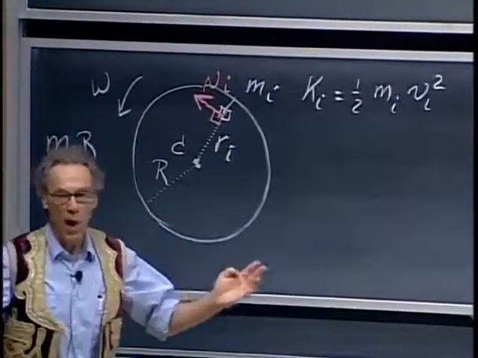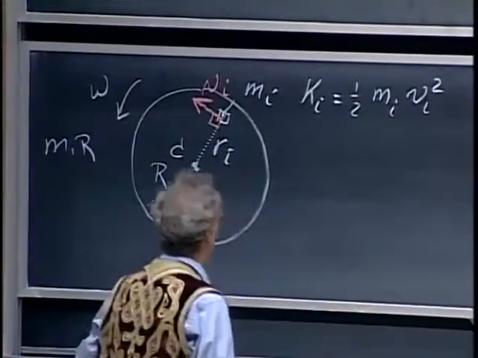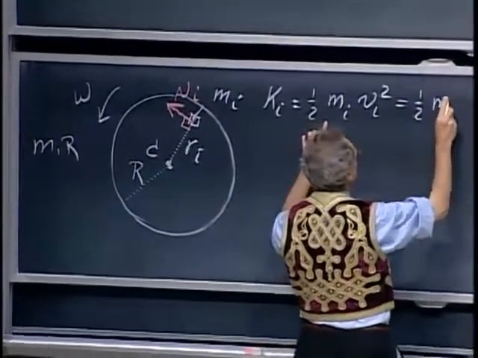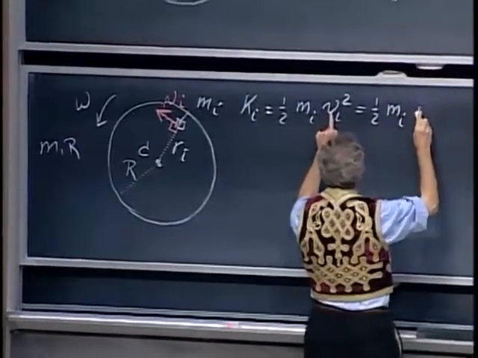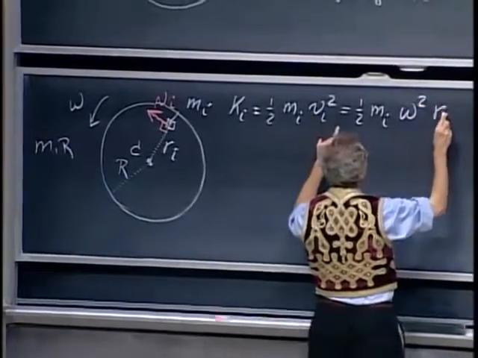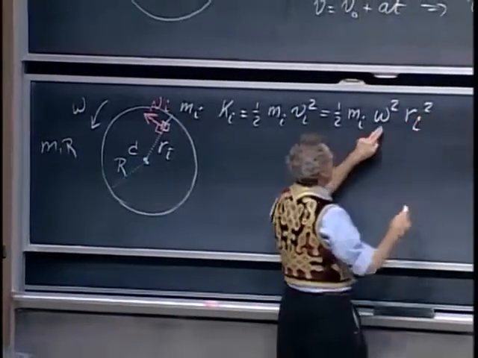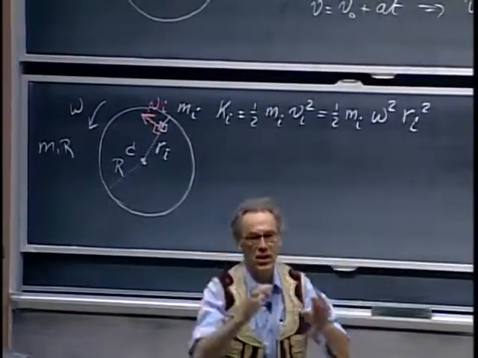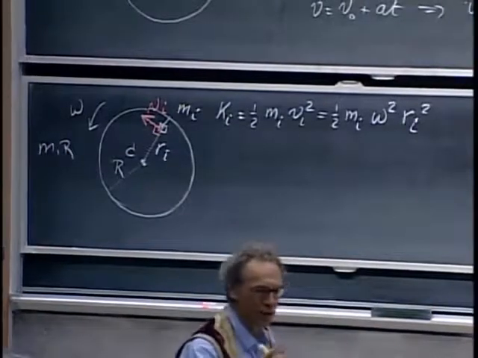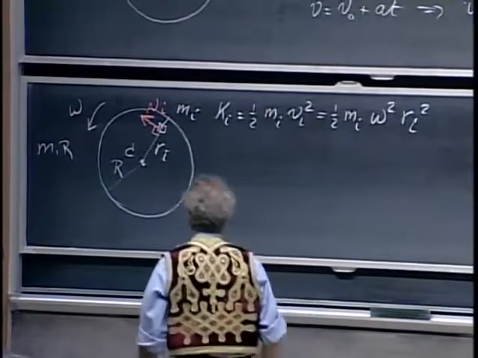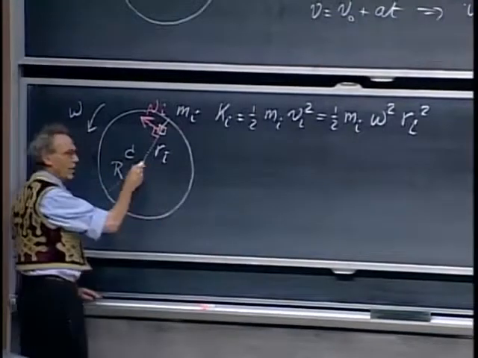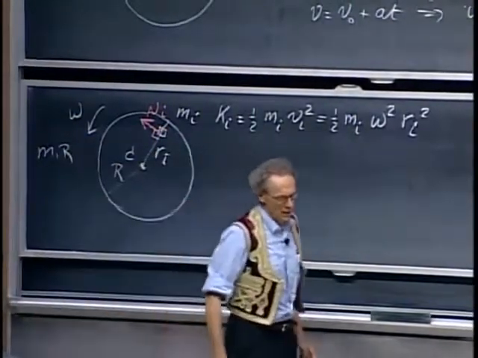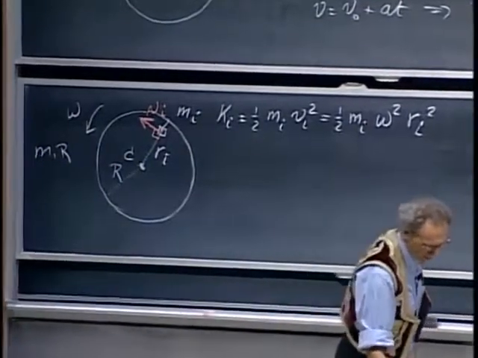Now v equals omega r, that always holds for these rotating objects, and so I prefer to write this as 1/2 m of i omega squared r of i squared. The nice thing about writing it this way is that omega, the angular velocity, is the same for all points of the disk, whereas the velocity is not. Because the velocity of a point very close to the center is very low. The velocity here is very high. And so by going to omega, we don't have that problem anymore.